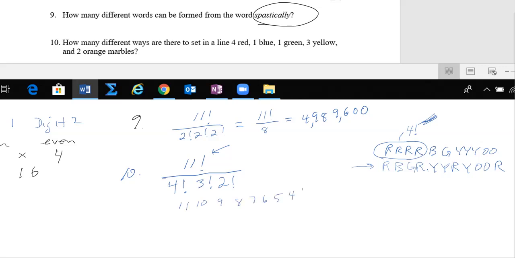And I can leave that 4 factorial there because I have a 4 factorial here. And that 3 factorial is just a 6, and then you got a 2 there. So the 4 factorials divide, the 6 divides, the 2 can be divided into that 8 is 4. So I'm going to have 11 times 10 times 9 times 4 times 7 times 5. That's not too bad. You can do that on the calculator.